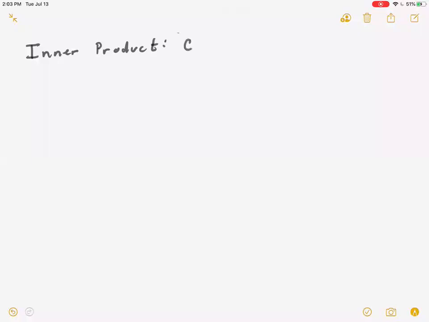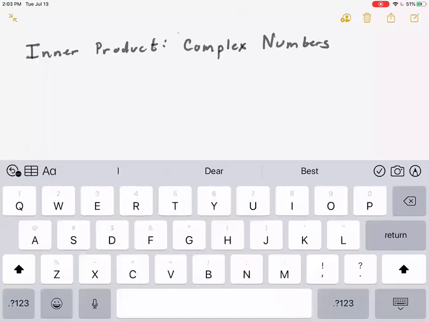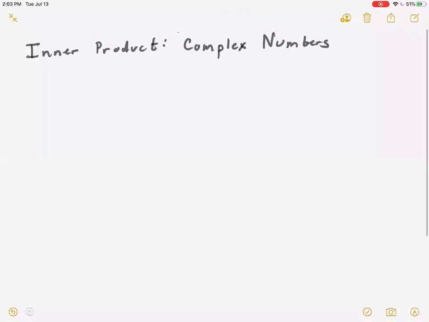But now we're going to extend this idea to complex numbers. As we discussed last time when we reviewed complex numbers, all the action occurs in the complex plane.